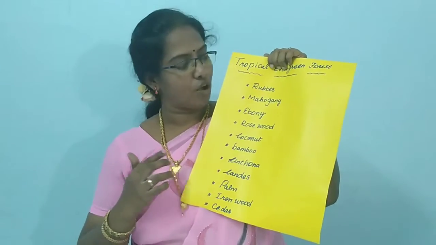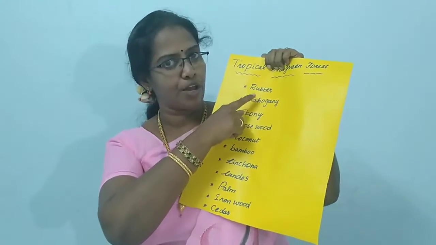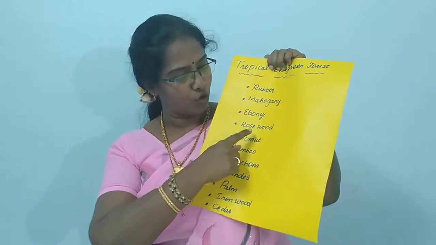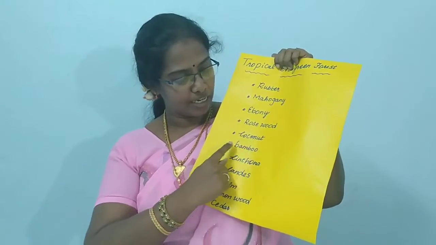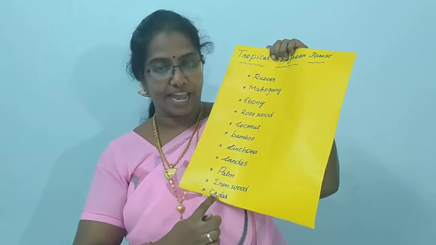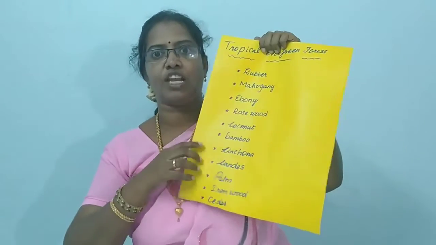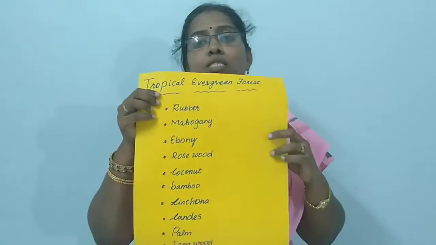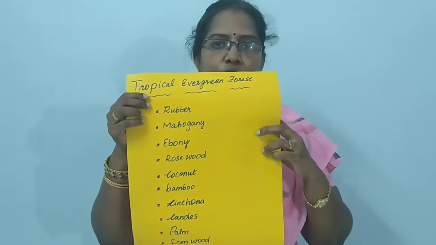Rubber, mahogany, ebony, rosewood, coconut, bamboo, cinchona, candas, palm, ironwood and cedar. So these are the trees available in the tropical evergreen forest.